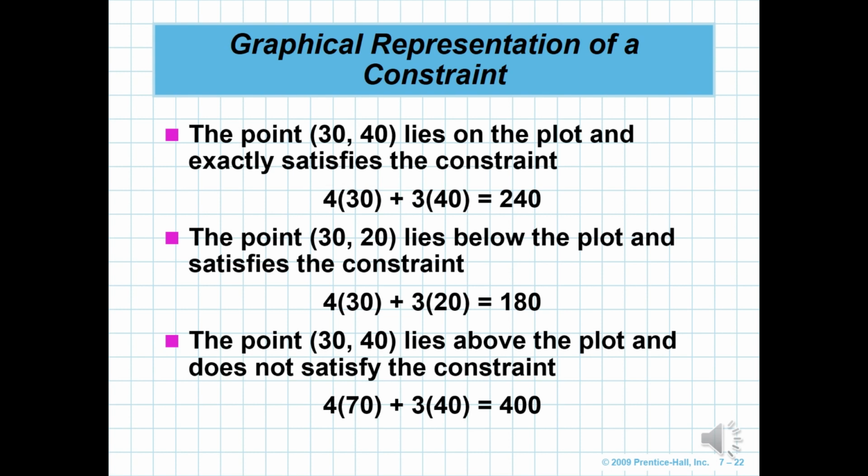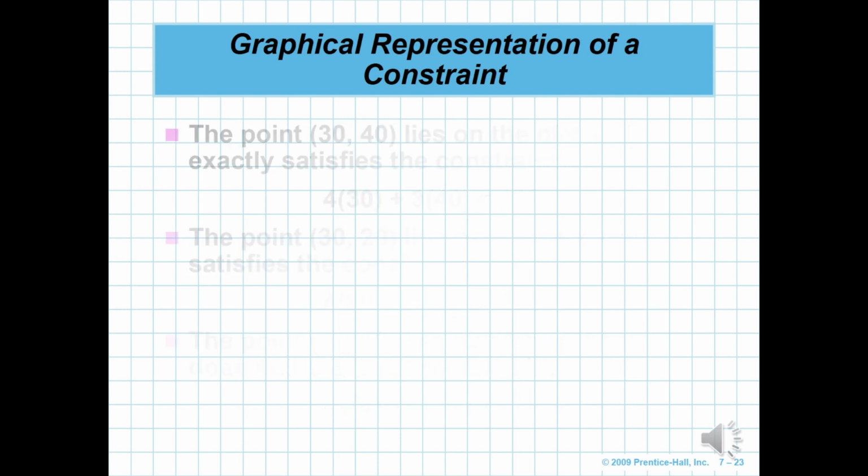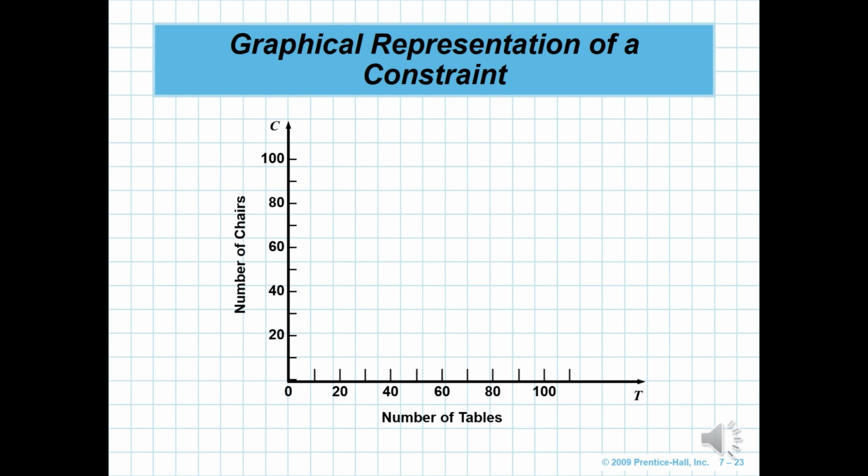But if we produce 70 tables and 40 chairs, we actually use more than the maximum number of carpentry hours, which is 400. That is the first constraint. Now we plot the second constraint.